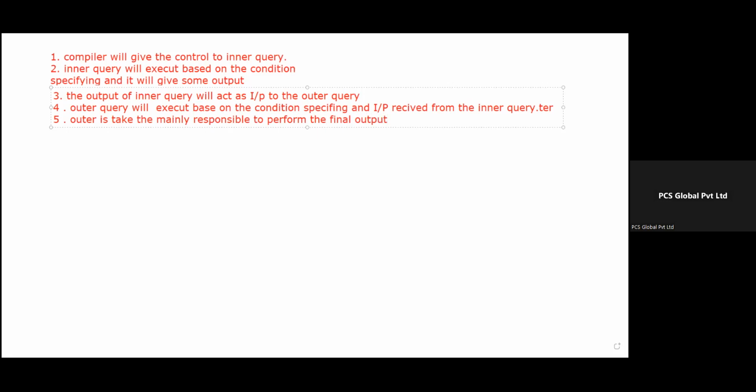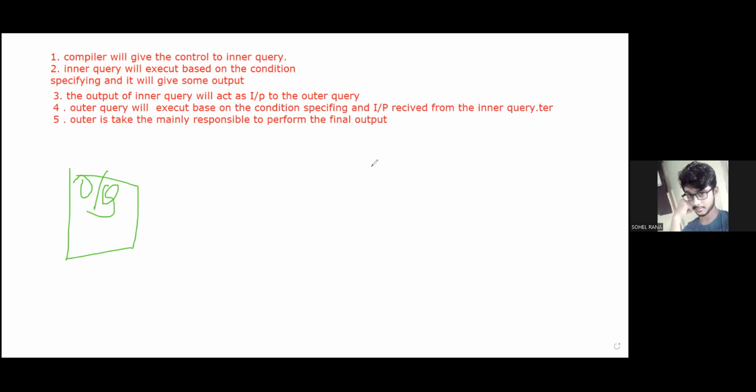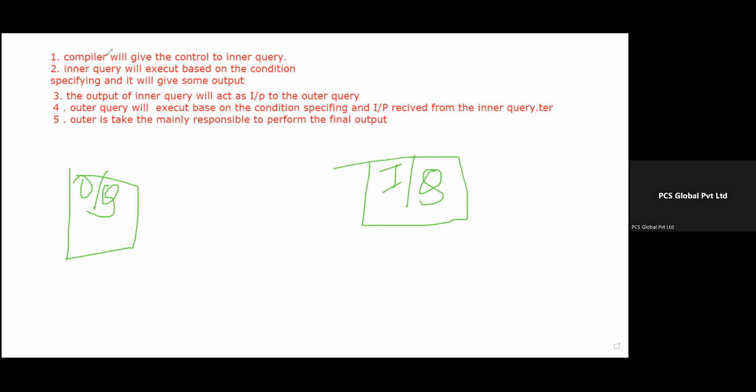Understood or not? Guys, that is the working mechanism, and this is the query. See, this is the outer query. And this is the inner query. The compiler will give the control to the inner query, right?